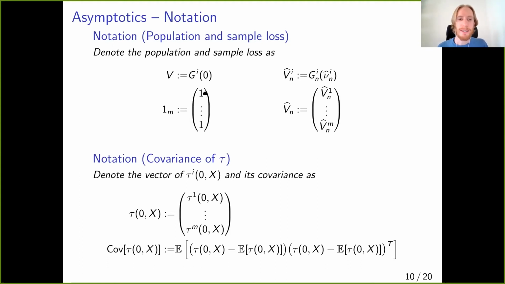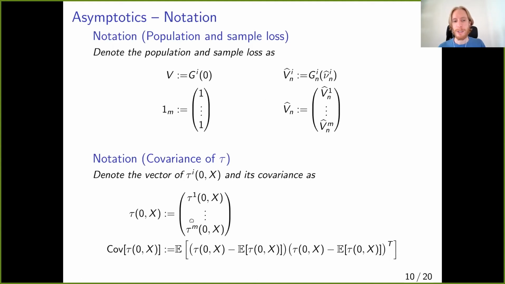So what we look at is a vector of all those M local losses, and the population losses are all the same, of course, by assumption, right? By assumption, we have M global minima, so the function values at the global minima are all the same. And then we denote this vector of local Frechet functions at the population mean like this, and we define its covariance matrix.